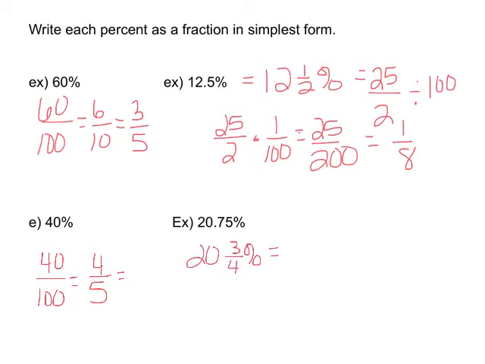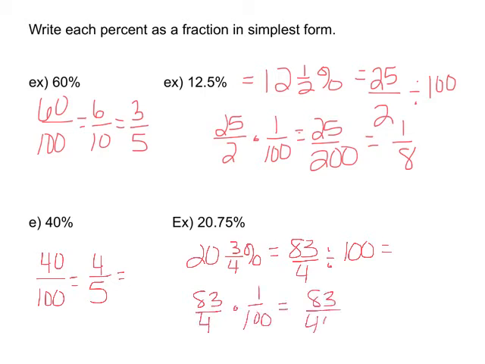So when I do that as a mixed number, I'm going to get 83 over 4 divided by 100, which becomes 83 over 4 times 1 over 100, which gives me 83 over 400, and that's as simplified as it will go.